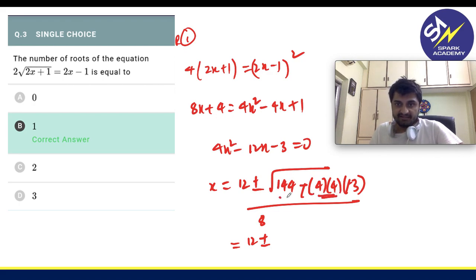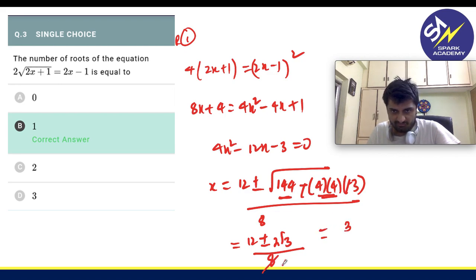So I think you should get root 12, or 2 root 3, by 8. So 2 goes 4 times, 2 goes 6 times, 2 goes 1 time.